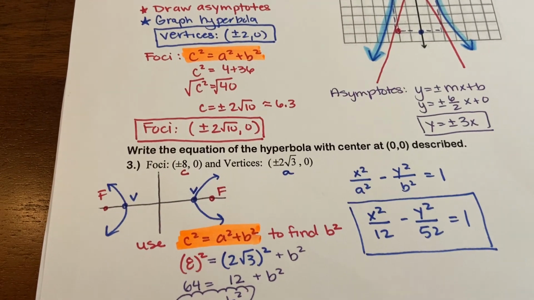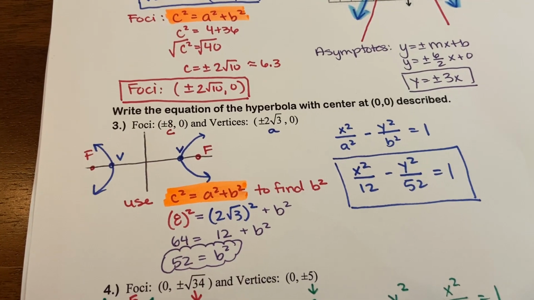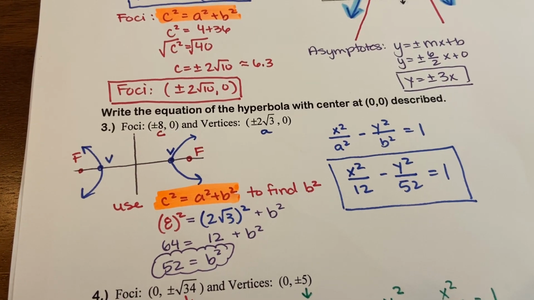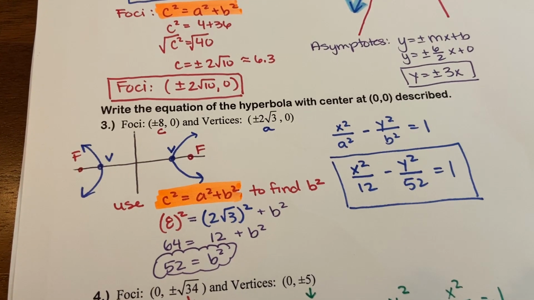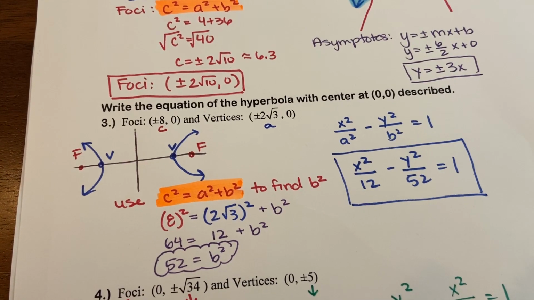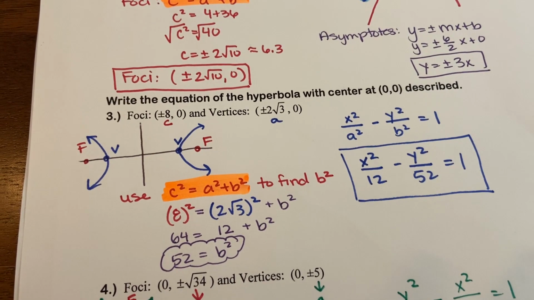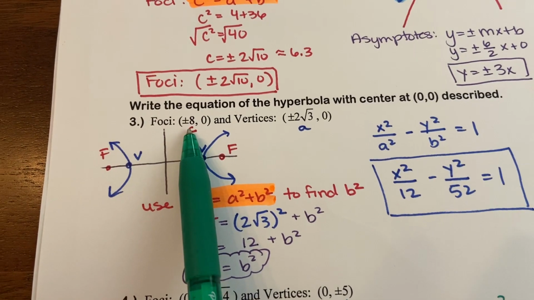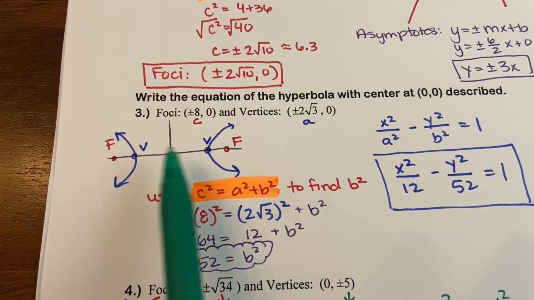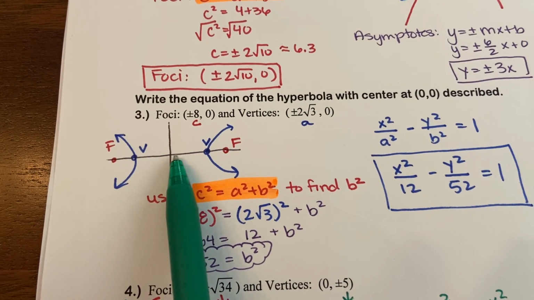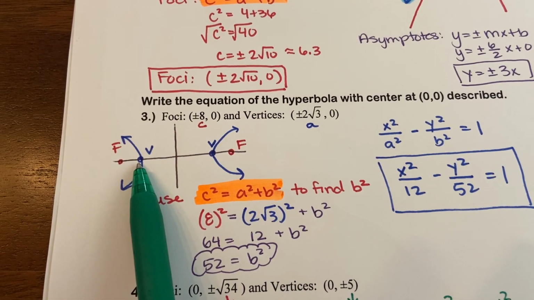If we're given information about our hyperbola and we want to come up with the equation, just like for the ellipse and for our parabola, I always make a sketch so that I know which equation to use. So in this case, my foci are plus or minus 8, 0, and my vertices are plus or minus 2 radical 3, 0.